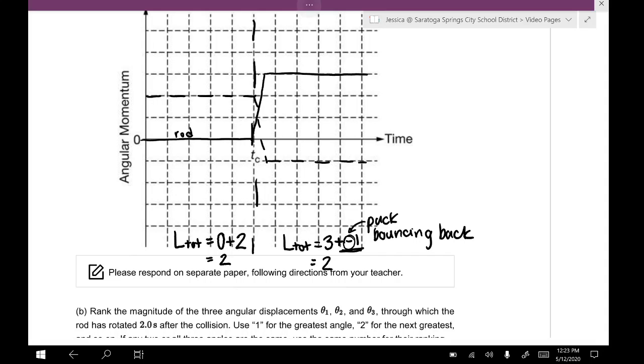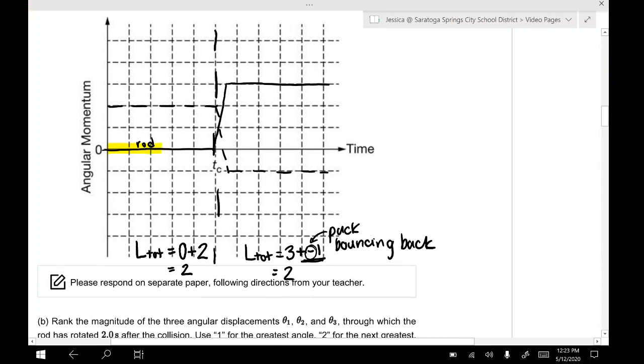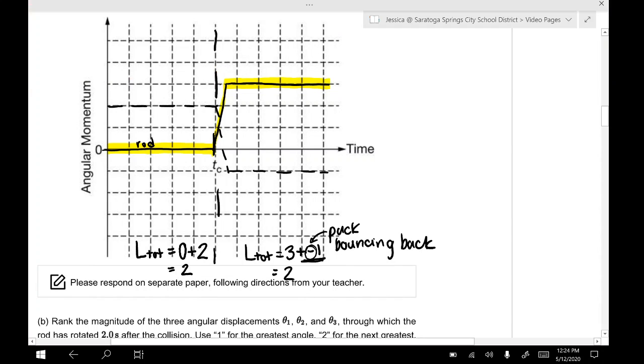Okay, so let me just highlight those so they become a little bit better. So again, the rod is at 0 because it's at rest, and then it's going to pop up to some positive value because we're moving in the forward direction. The puck, on the other hand, starts with some positive angular momentum and then that positive angular momentum becomes negative because the puck is bouncing backwards.